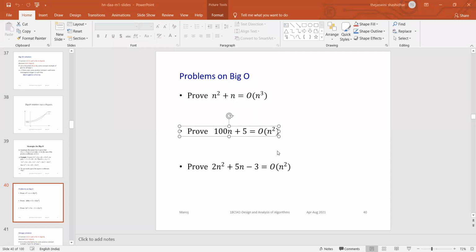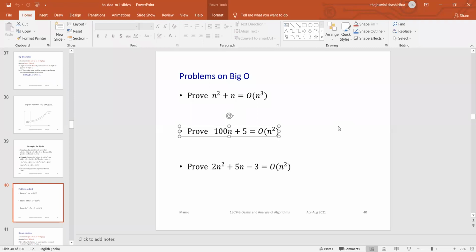Okay, good. 100n plus 5 less than or equal to 100n square plus 5n square. Then 100n square plus 5n square is equal to 105n square.